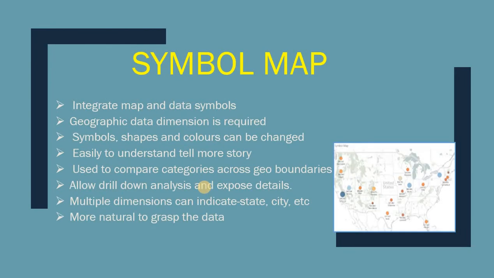The next one is the symbol map. This is kind of combined data, because the symbol and the map are used together. We will see what combined graphs means.